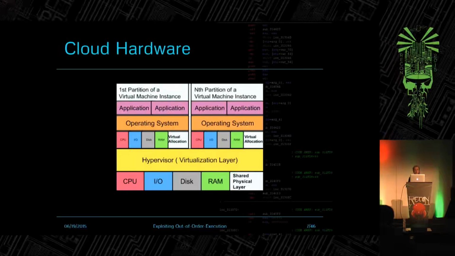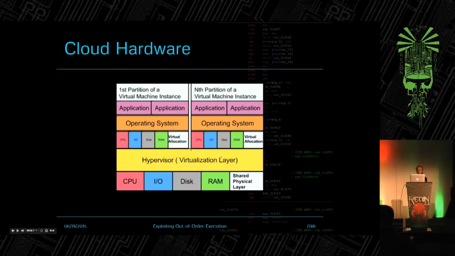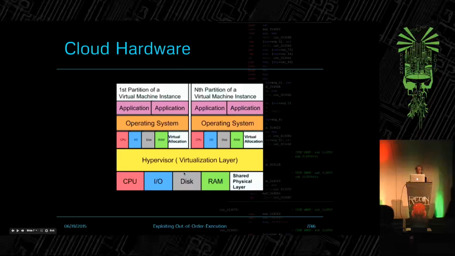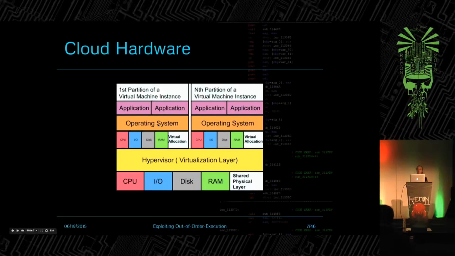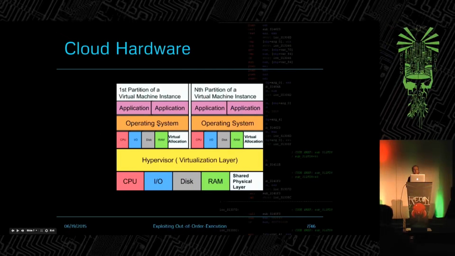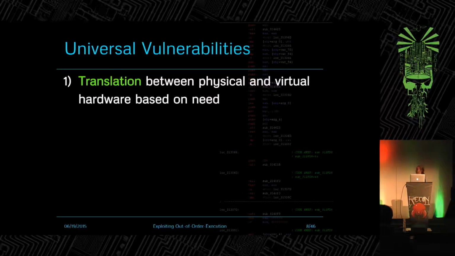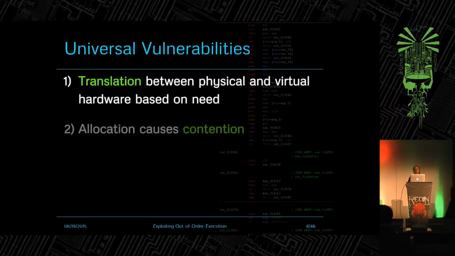Again, here's the basic hardware structure of the cloud. You have the hypervisor layer, which is in the middle, and it's taking that shared physical layer and dynamically allocating that up to the different operating machines above. So each virtual machine will see its own virtual allocation of that shared hardware. The universal vulnerability with this is in that translation between the physical and the virtual hardware.